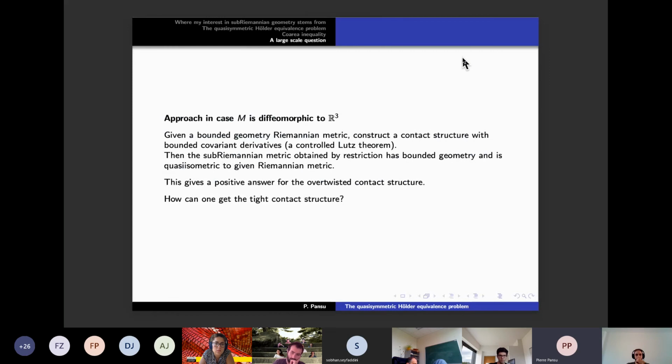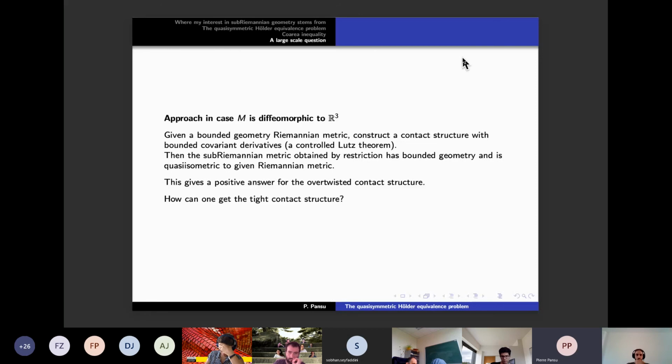So again, how would I approach the problem? Let's say on the manifold R3. I'm on R3, I'm given a bounded geometry Riemannian metric, but I suppose that no contact structure is given at first. And now let me construct a contact structure with bounded covariant derivatives.